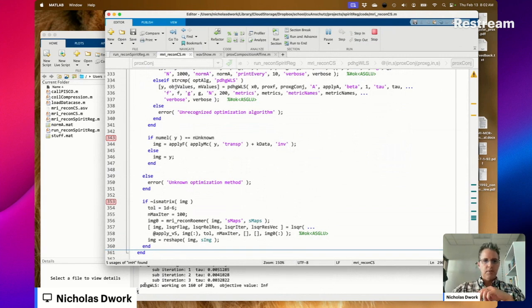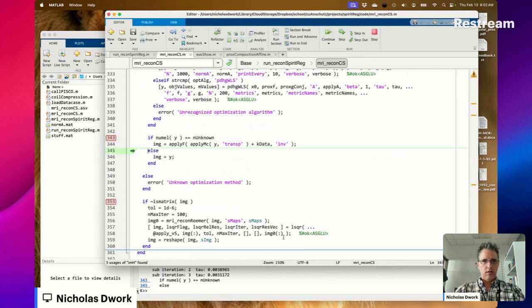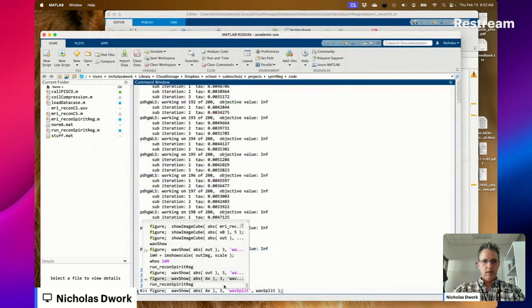I'd like to implement some dynamic stopping criteria for PDHG with line search. Okay.